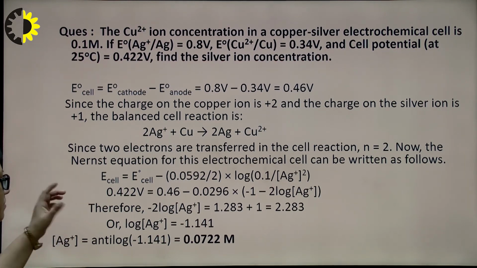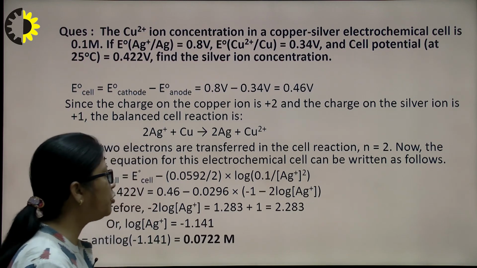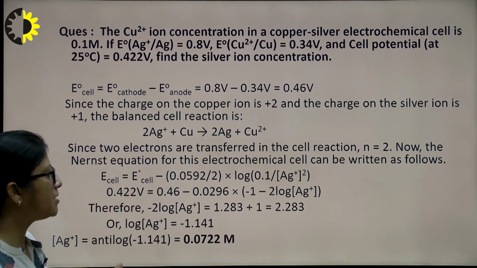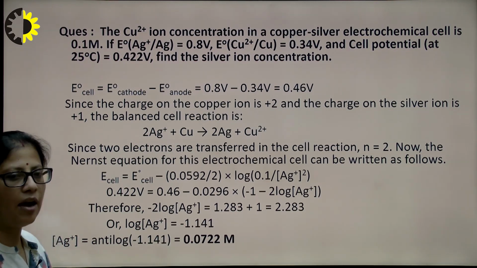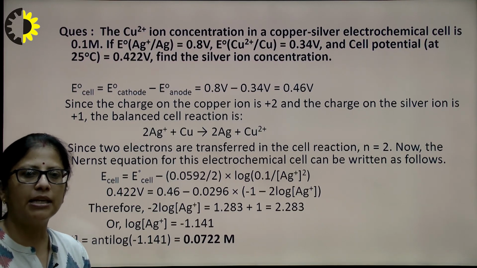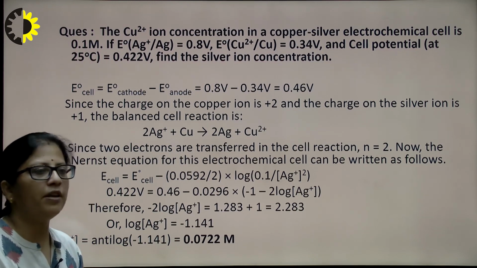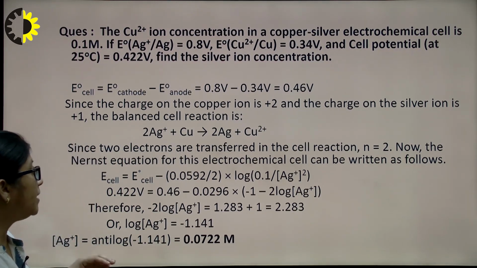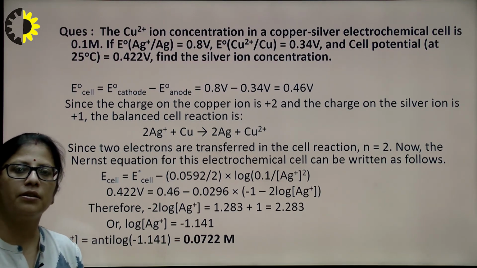Therefore, now minus 2 log Ag plus will be 2.283, or value of log Ag plus is minus 1.141, and after taking the anti-log, the concentration of Ag plus comes out to be 0.0722 molar. So, here we have calculated the concentration of one of the ionic species.